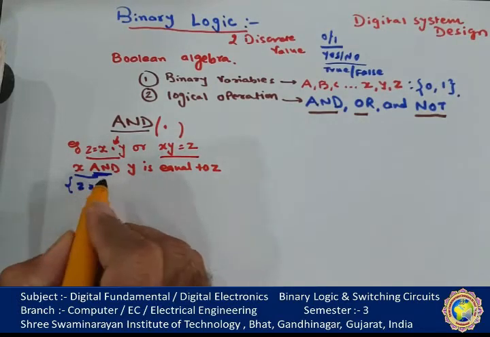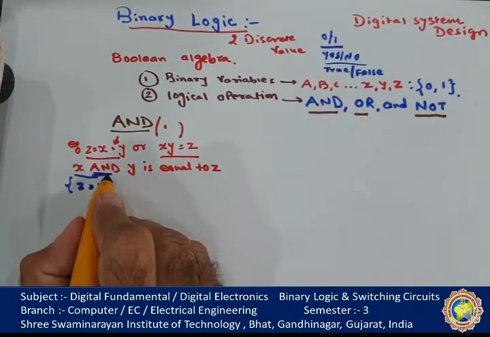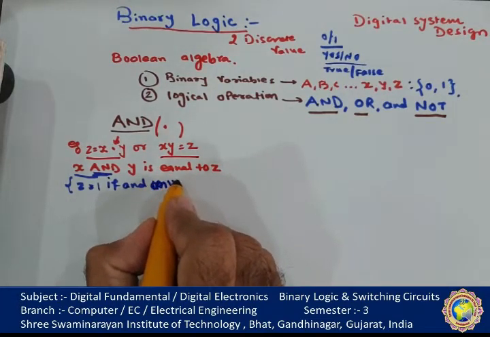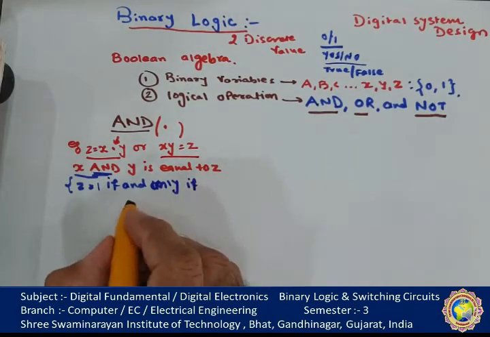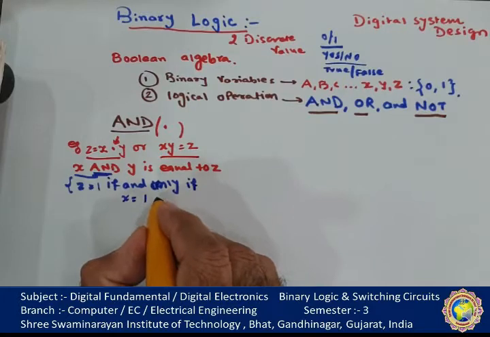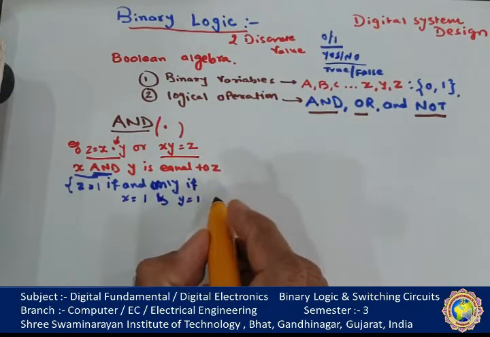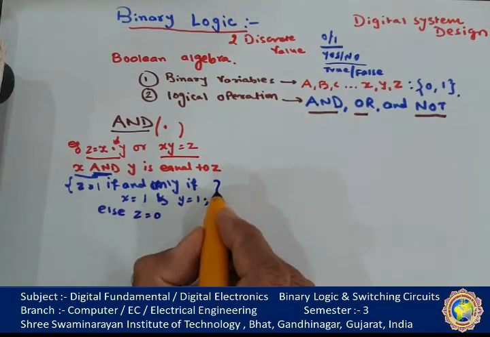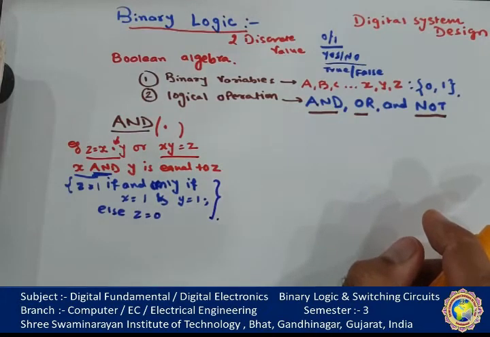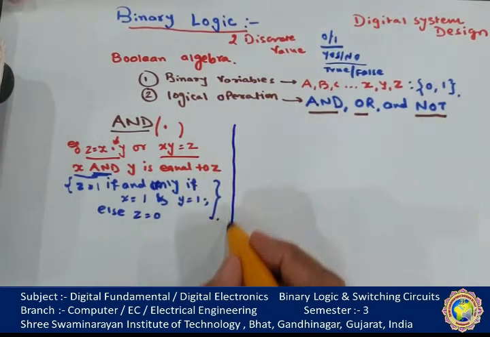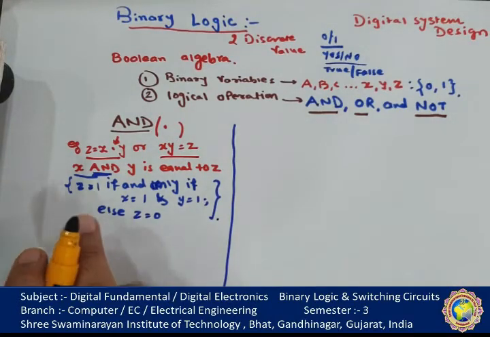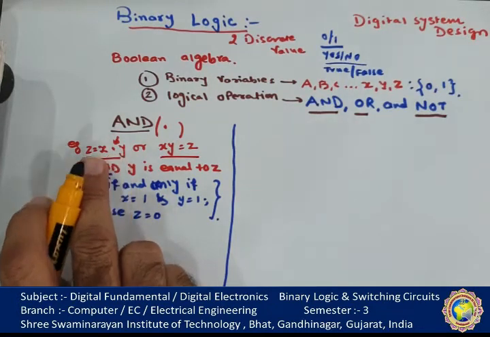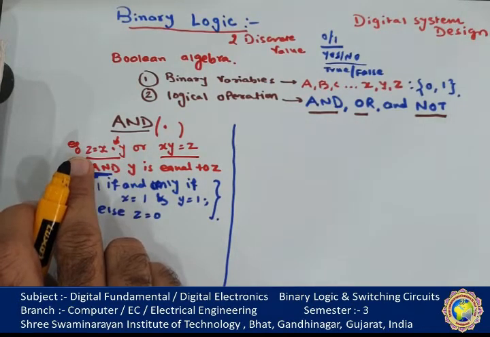Z equals 1 if and only if, remember, if and only if X is equal to 1 and Y is equal to 1, else Z equals 0. The meaning is that Z equal to 1 is possible only when both input variables X and Y are 1.